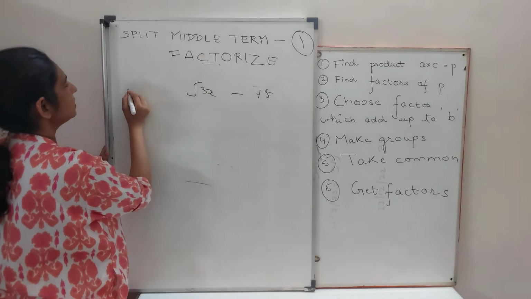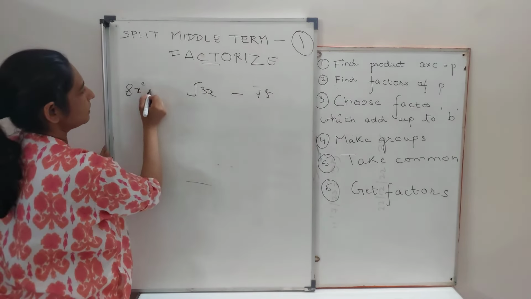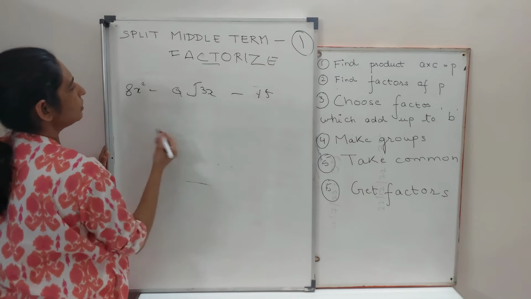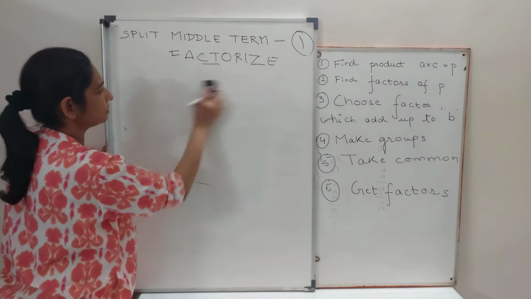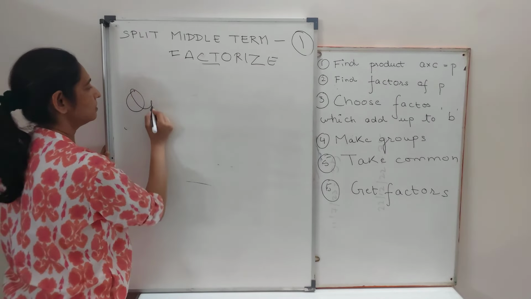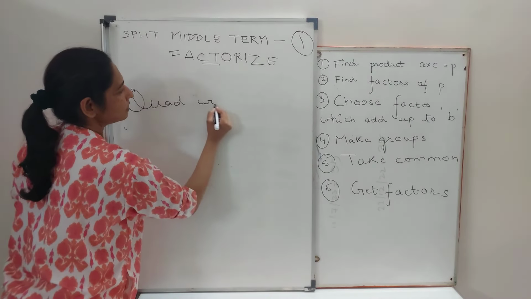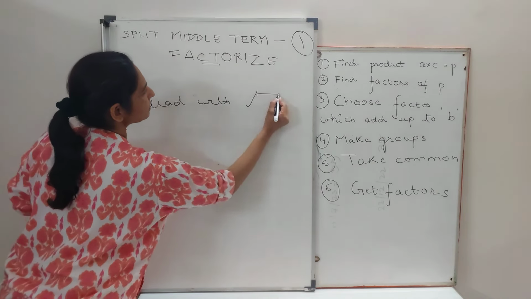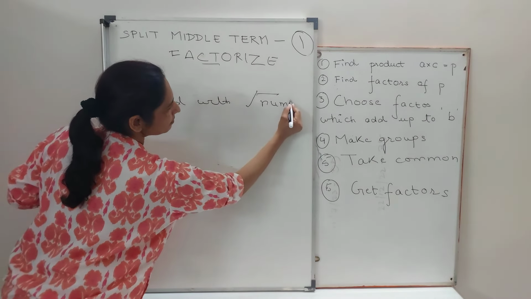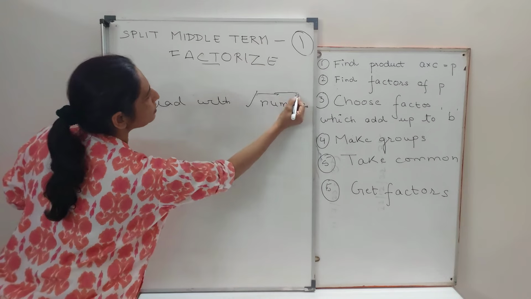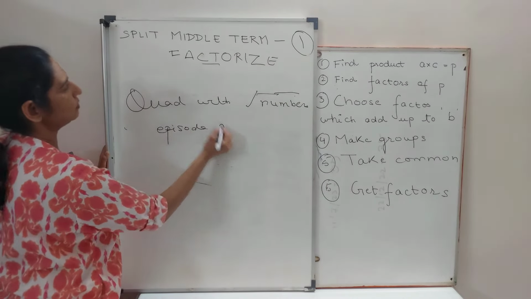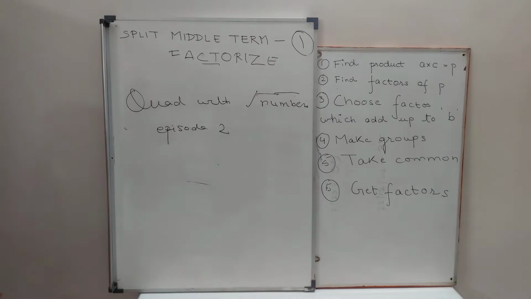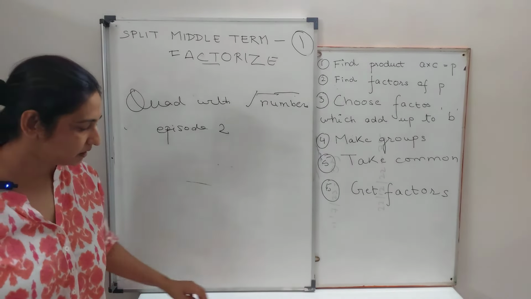Even if I keep this as 8x square minus something x, or you have root 3. Quadratic equations with root numbers, we'll do in episode 2 of the same thing. That is where mostly children find it difficult.